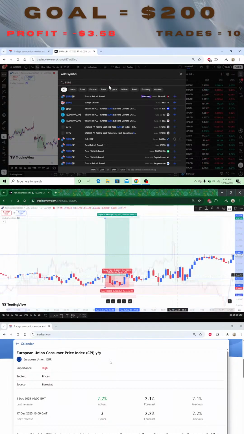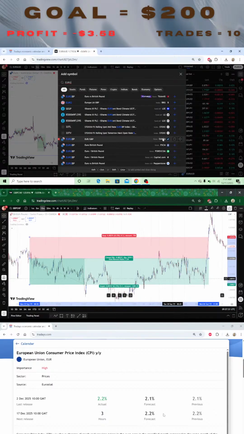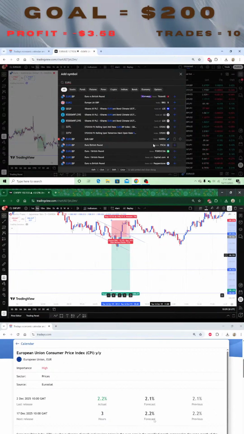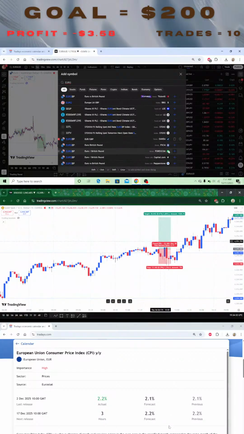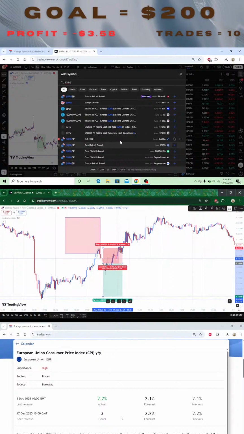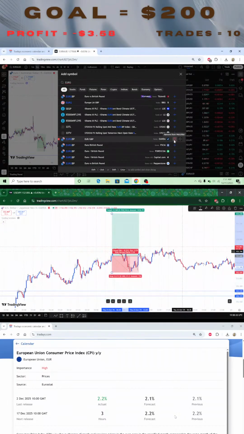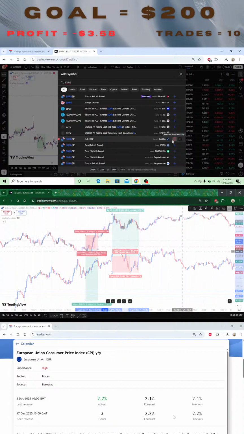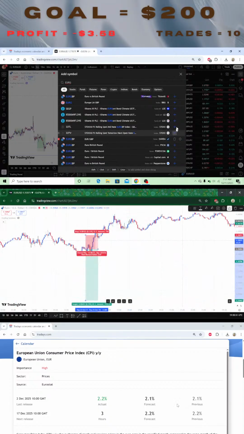So Euro GBP pairs will come out. Either I choose the one under Oanda, FXCM, forex.com, capital.com or Pepperstone. I usually choose Oanda. That's why, as you can see here, it's already added to my wish list. If I click this, it will be removed from my wish list.